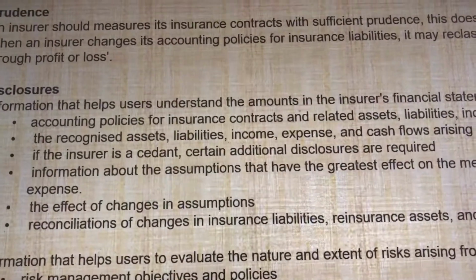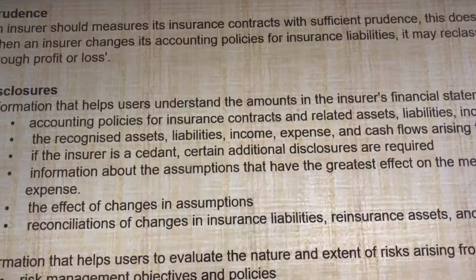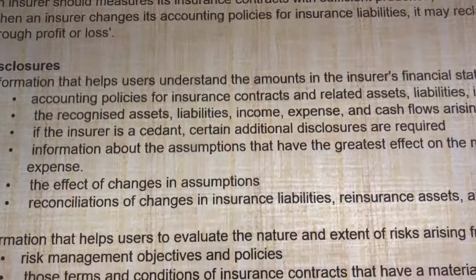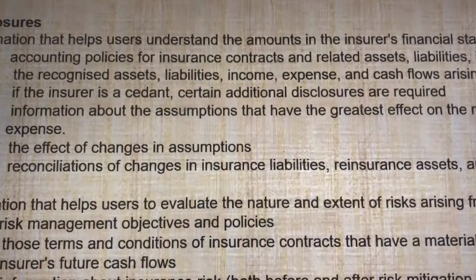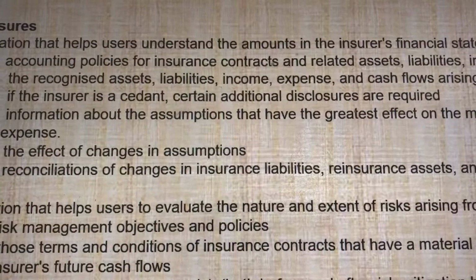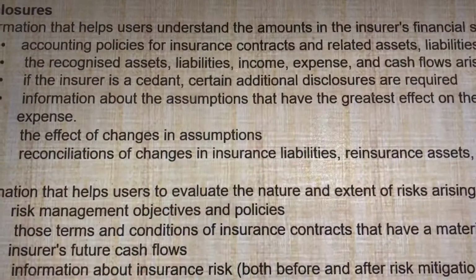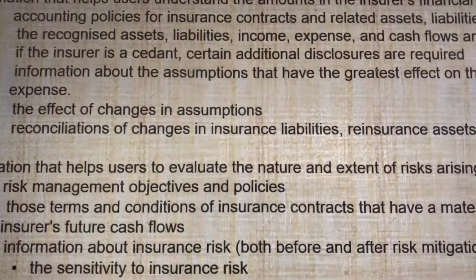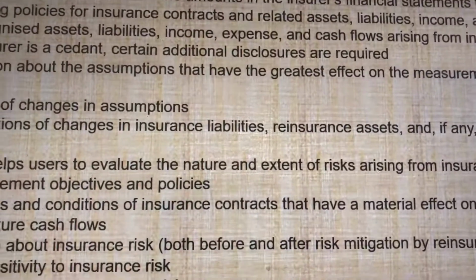Also, if the insurer is a cedant, certain disclosures are required. Also, information about the assumptions that have the greatest effects on the measurement of the assets must be disclosed, and also the effect of changes in assumptions, and also a reconciliation of the changes in the insurance liability must be disclosed.